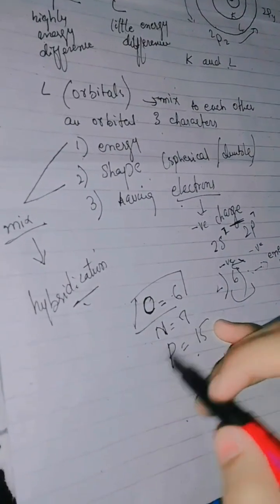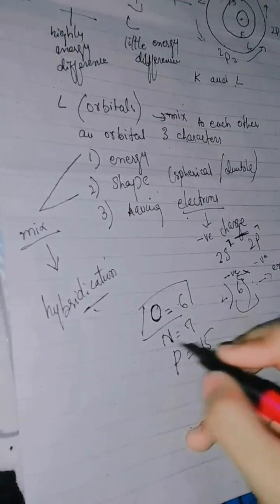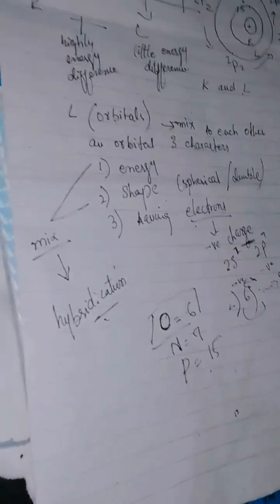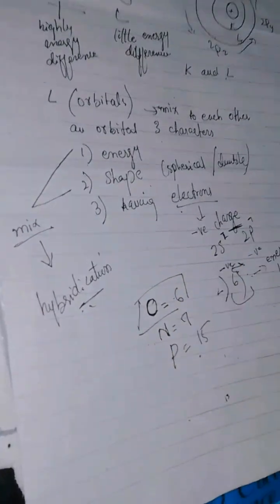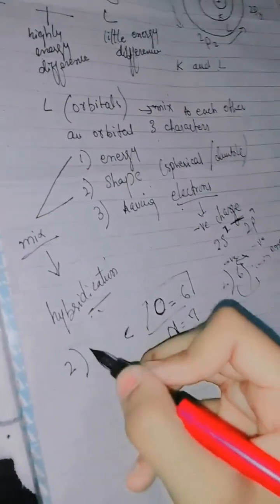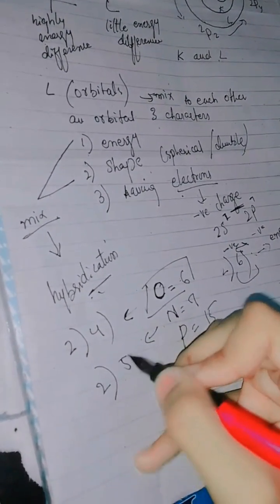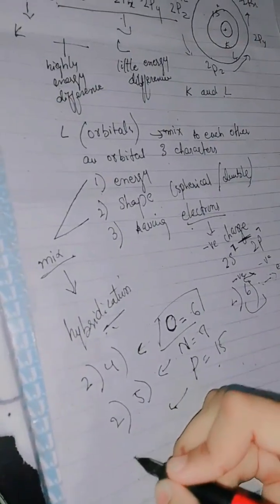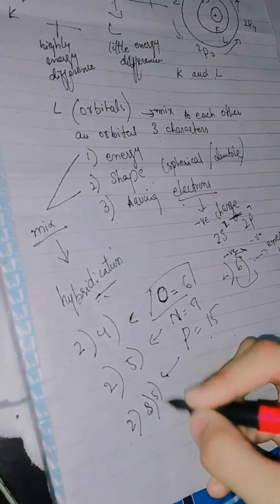Here there are 3 elements: carbon, nitrogen and phosphorus. Carbon has 6 electrons, nitrogen has 7 electrons, phosphorus has 15 electrons. Now the question is where the chance of hybridization is more. Carbon has 6 electrons, 2 and 4. Nitrogen has 7 electrons, 2 and 5. Phosphorus has 15 electrons, 2, 8 and 5.